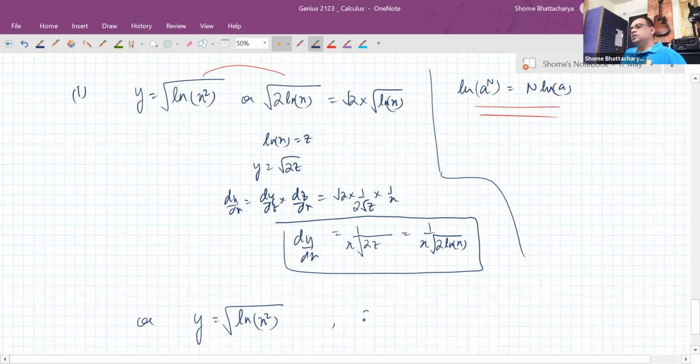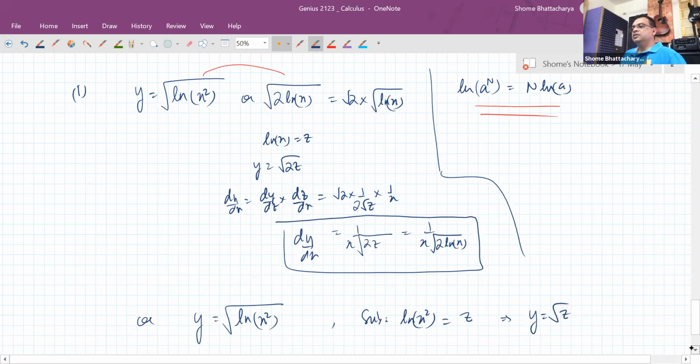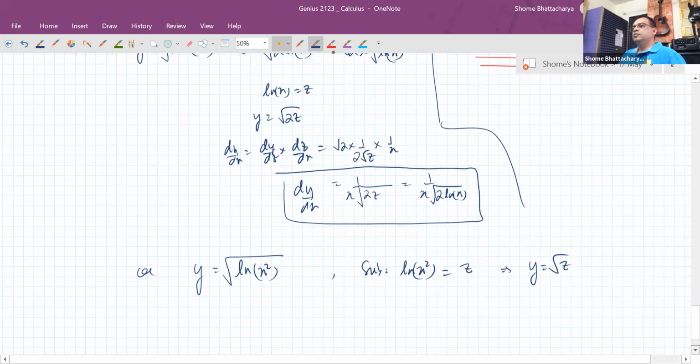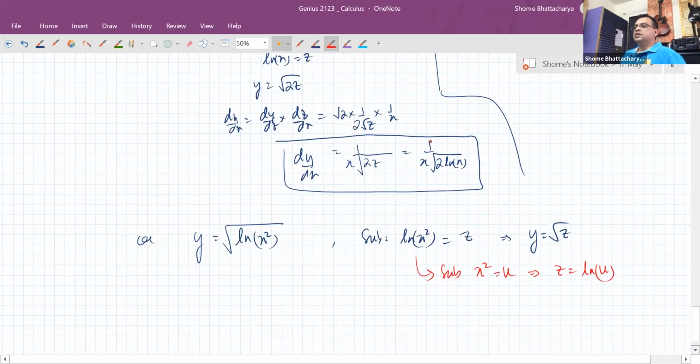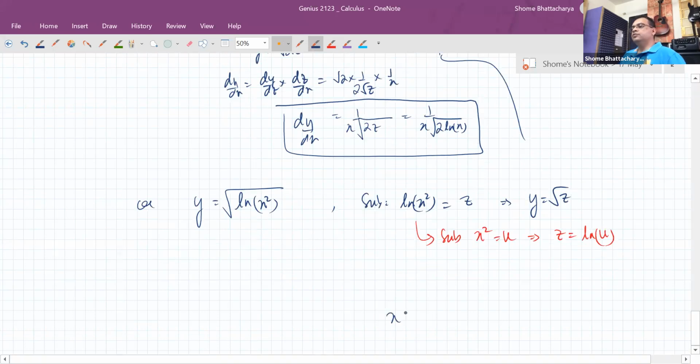What you do is substitute ln of x square as, let's say, z. So y becomes square root of z. And further, make another substitution. Substitute x square, let's say, as u. So z becomes ln u. Here, on x we have first operated square to get x square.